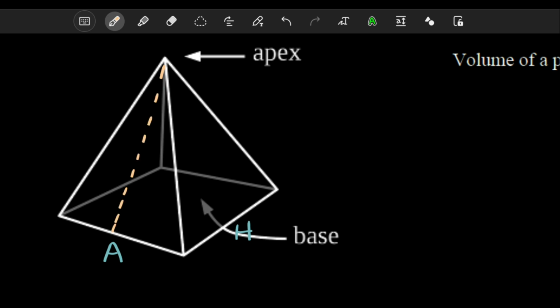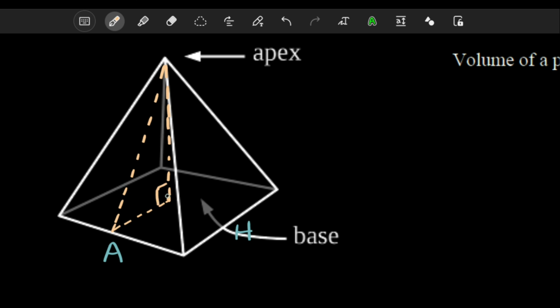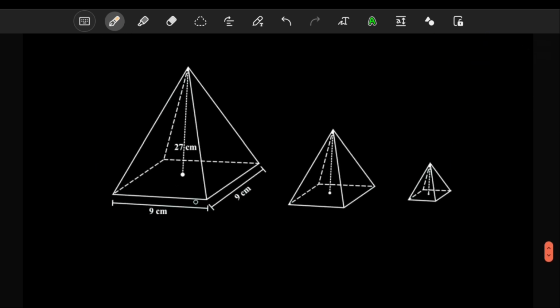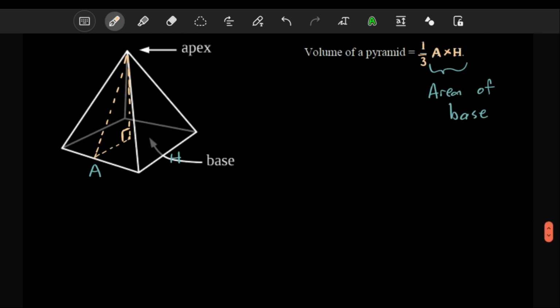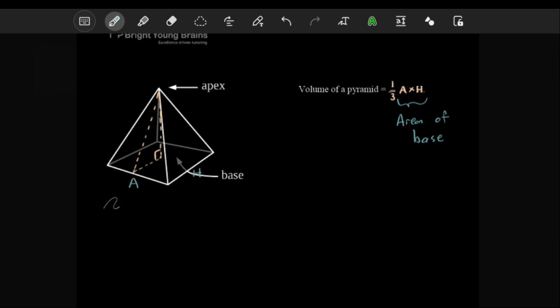You will need that slanted height, and then you will need the distance from the very top there, and then you will need this distance over there, because you are going to use this right angle triangle in here to work out the slanted height. So with the pyramid, let's use these dimensions here to give an idea of how you would work out your surface area, because that's the main idea behind these things.